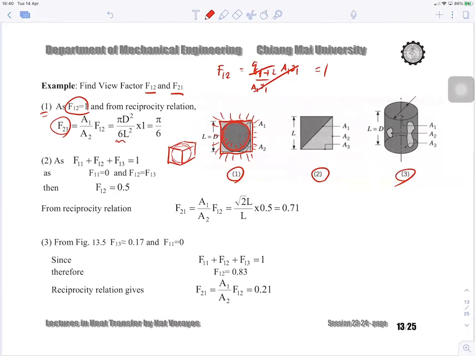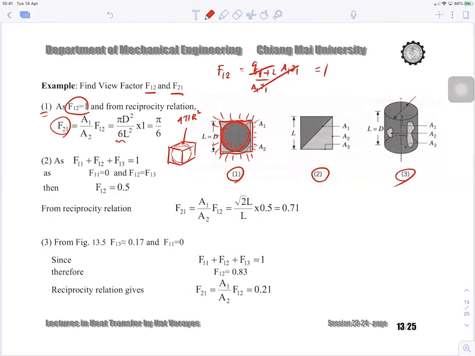And if you talk about the area of the sphere, it is going to be 4 pi r squared, right?